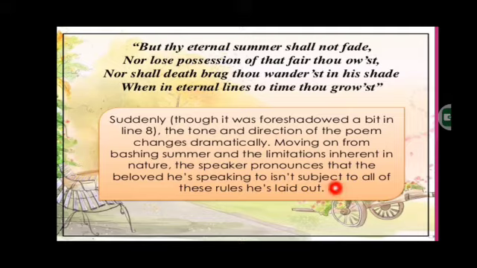And everything changes, right? There's change to summer, there's change to night, there's change to time. So everything changes with the passage of time, and everything disappears. But his beloved, this rule is not applicable to his beloved. His beloved will remain alive forever. He will preserve her in the lines of poetry.